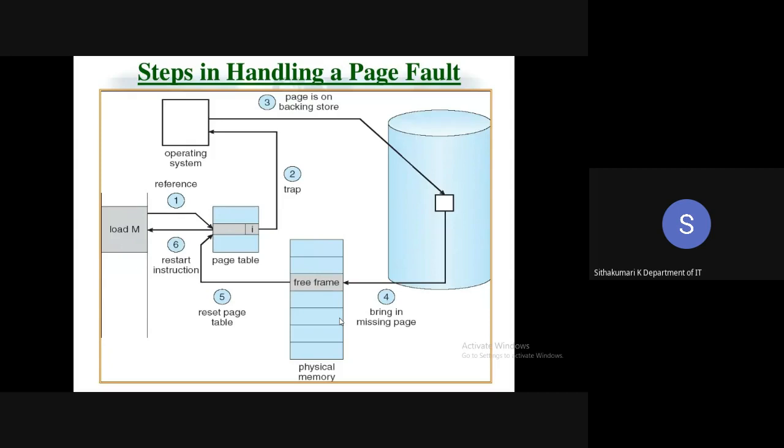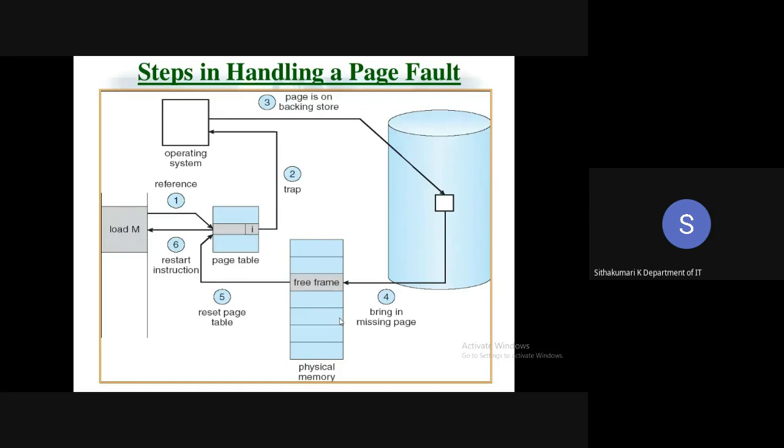So immediately, the second step, a trap to the OS takes place. Now the OS checks the internal table, and once it confirms that it is a legal address, the third step is that it identifies that the page is on the backing store. It reads that page and brings it into the free frame. That is the fourth step: bring in the missing page for which the page fault occurred.